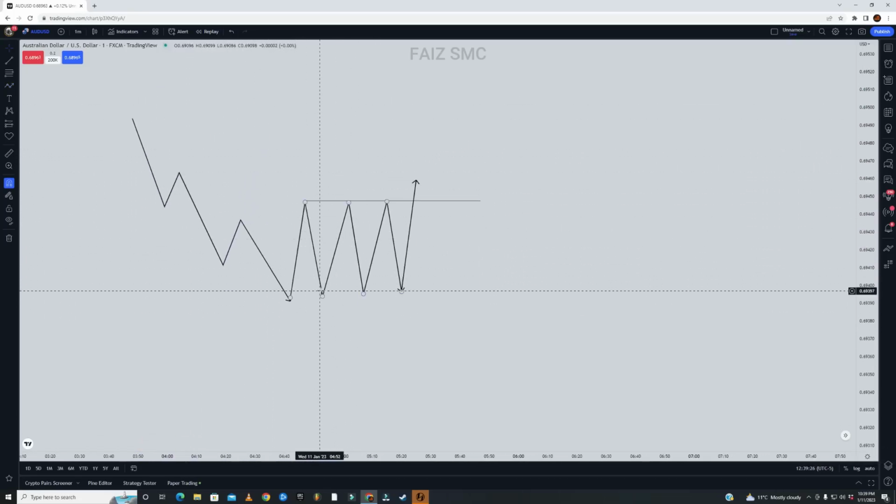And we have a consolidation phase, so we have accumulation, and then we have manipulation. Manipulation is simply a liquidity sweep. We have a build of liquidity pool, and then we have a liquidity sweep. This is called manipulation, and then we get the move in the original direction, which is called distribution.